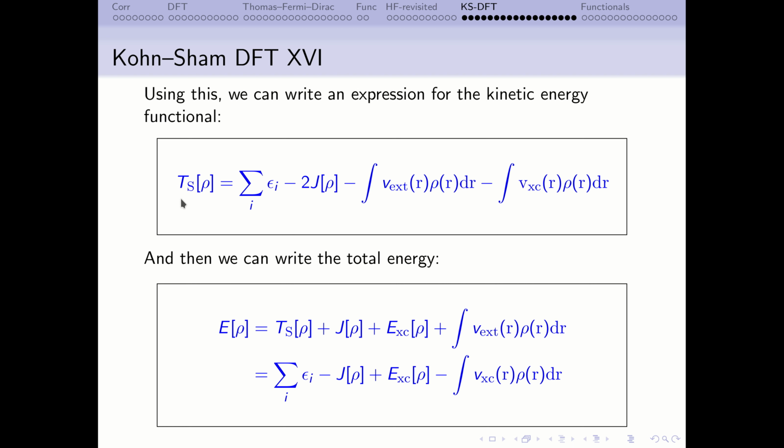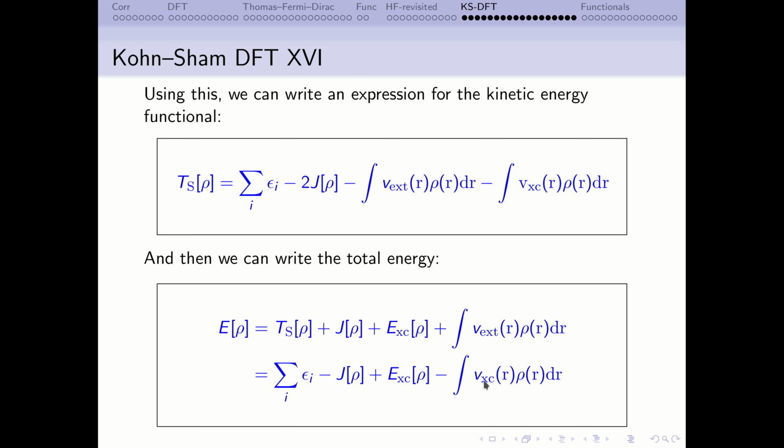Alright, so then we can write down the kinetic energy as equal to the sum of the orbital energies minus twice the Coulomb energy minus the external energy minus the exchange correlation energy, and that lets us write the ground state energy then as the orbital energy sum minus the Coulomb energy plus the exchange correlation energy minus Vxc times rho.